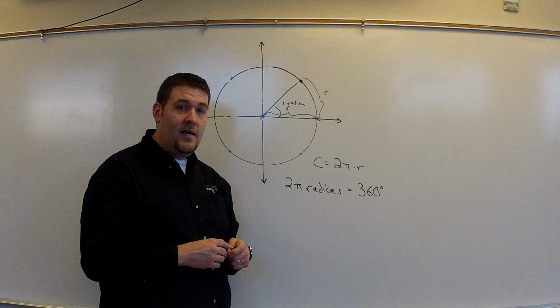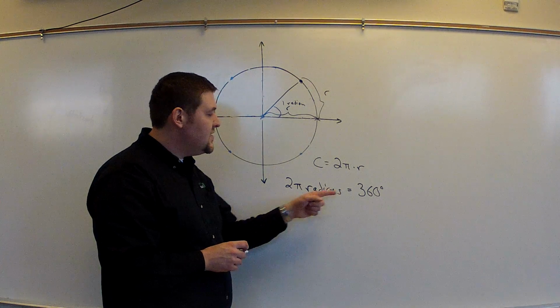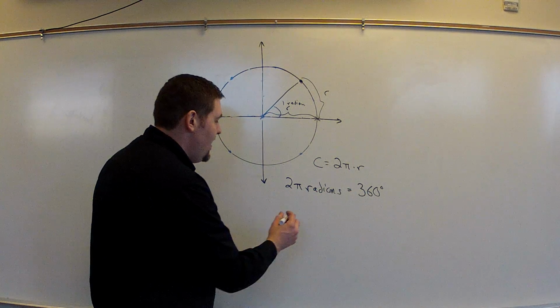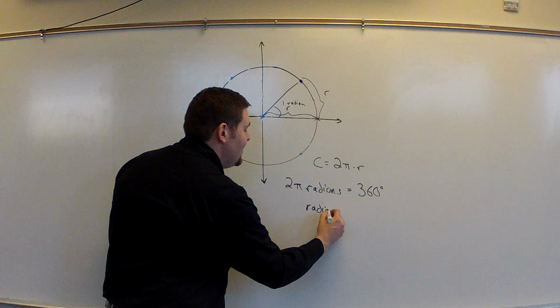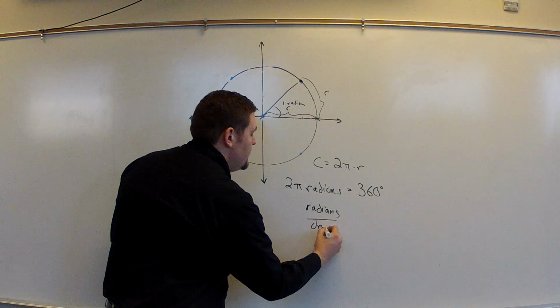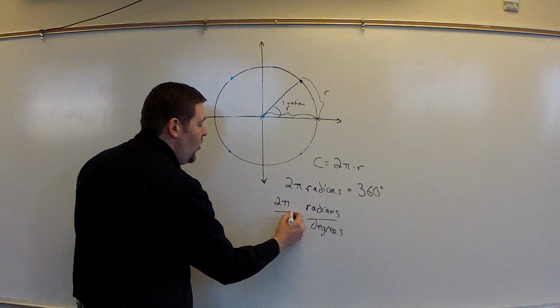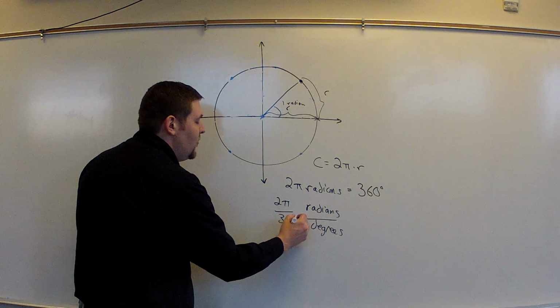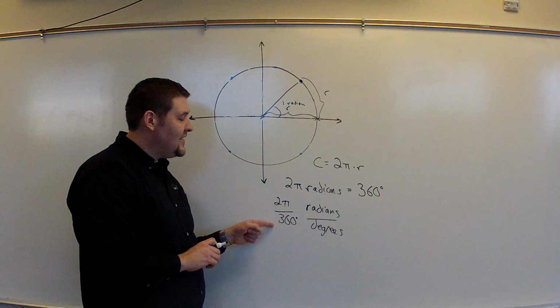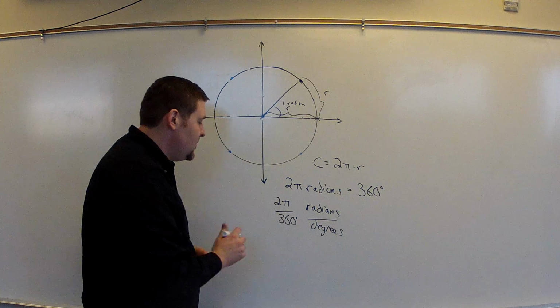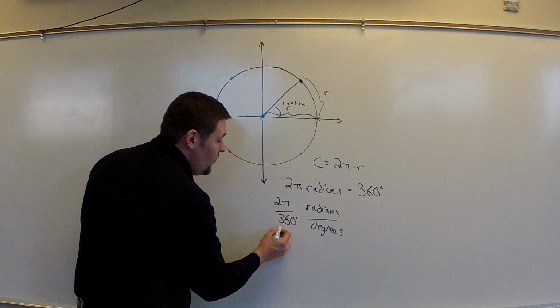Now, typically, in our math classes, we reduce this a little bit. We write the ratio of radians to degrees. And when you write the ratio, that's 2 pi over 360. But we learned early on that in fractions, we like to reduce these. So this becomes 2 into 360 goes into 180 times.